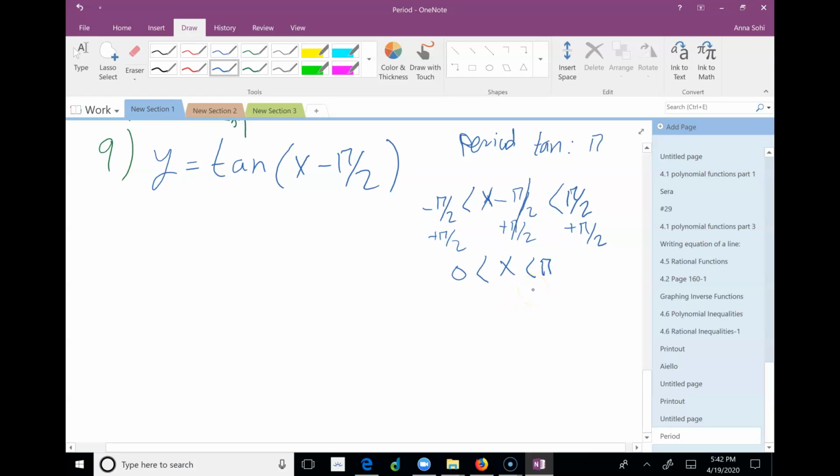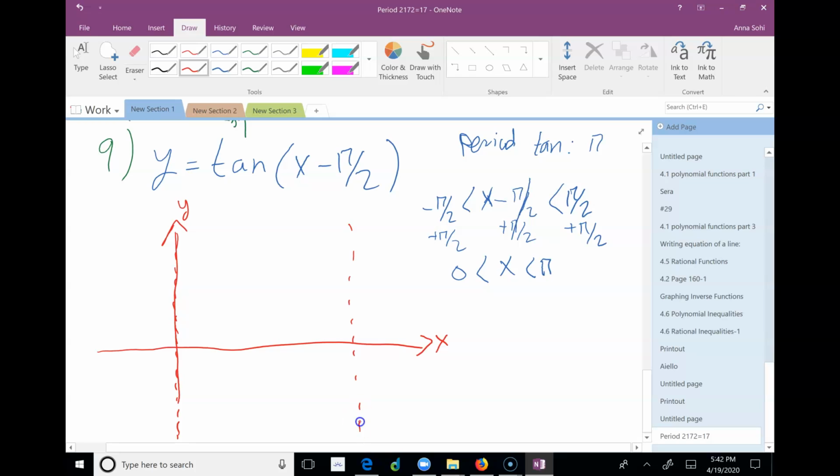Once you go and graph it, the asymptotes of the graph you are drawing are at 0 and at pi. You still need to find the increments. Between 0 and pi, the midpoint is pi over 2.